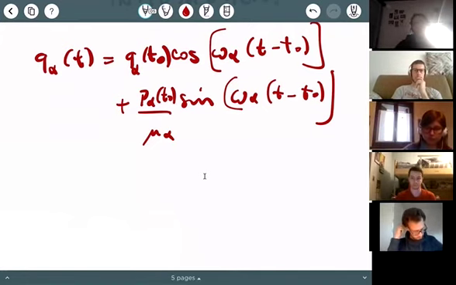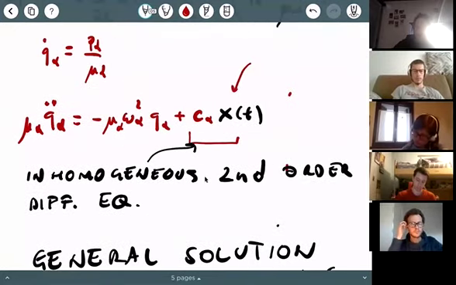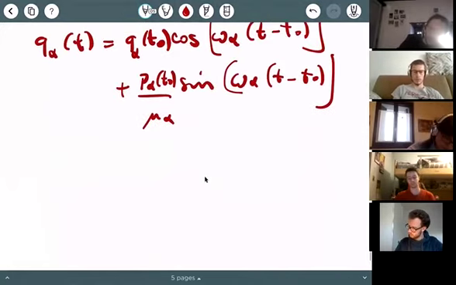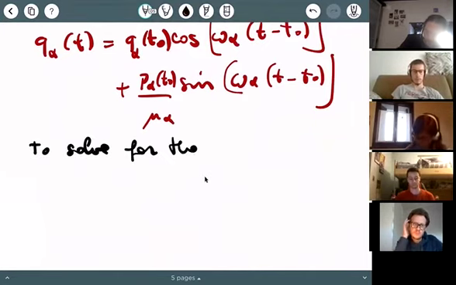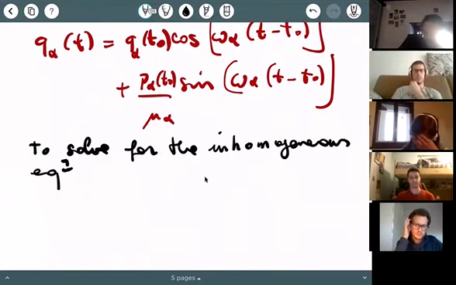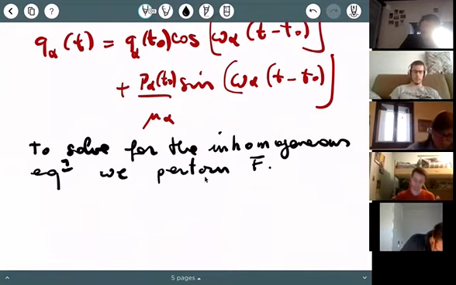Now we need a solution to the inhomogeneous equation. This looks like a very difficult problem because this is a solution which now involves the seemingly unknown solution for the system's dynamics. However, to solve the inhomogeneous equation, we perform a Fourier transform.